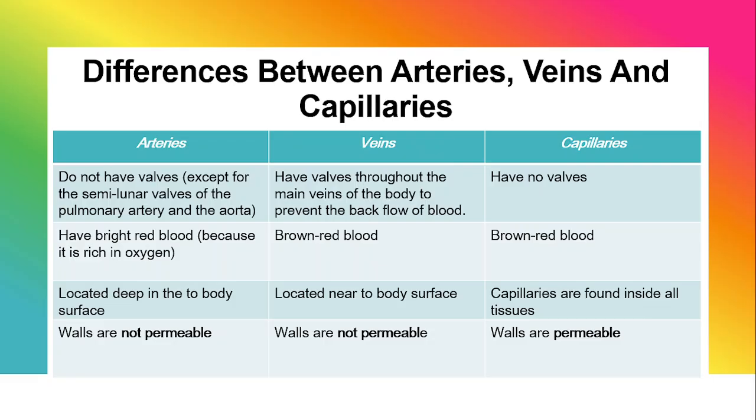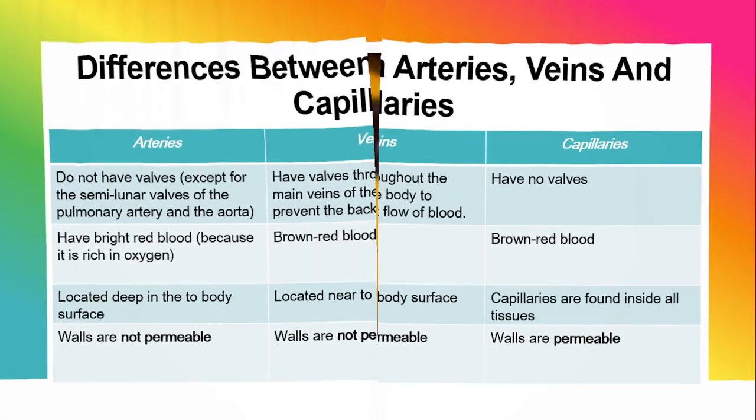Permeability means the walls can allow material, or cannot allow material, to pass through them. So when we say the arteries and the veins, it means their walls are not permeable and do not allow other materials to flow across, while the capillaries are permeable. They have permeable walls to permit some of the materials to go through.